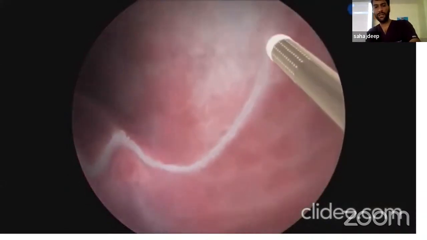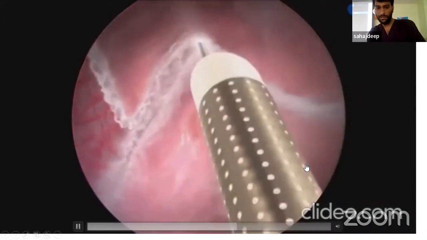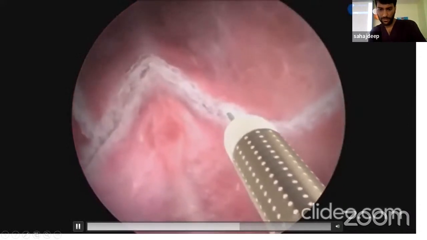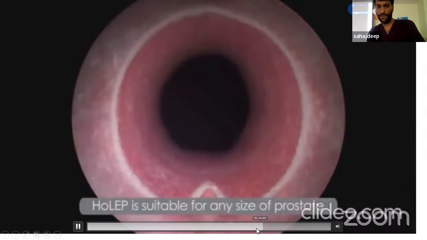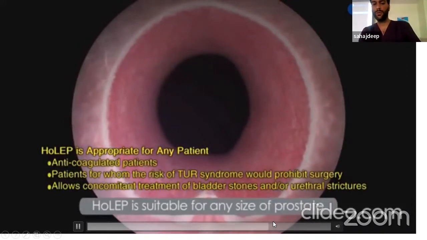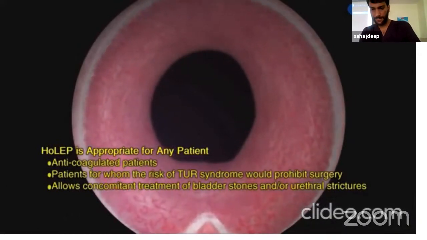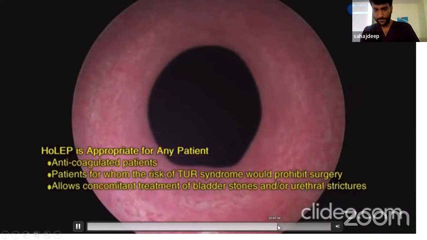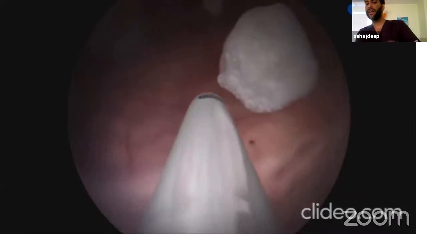Similarly, the left lobe is enucleated along with the medial lobe. HoLEP is appropriate for any patient who is on anticoagulants. It allows the concomitant treatment of bladder stone as well as urethral strictures. And in the bladder, a morcellator is introduced and the tissues are morcellated.